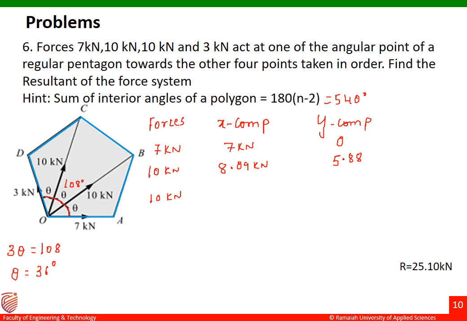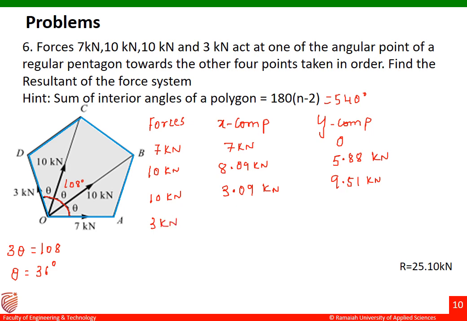Cos 72 degrees into 10 gives the x component, 3.09 kilonewton. This is also acting in the first quadrant, that's why both x and y components will be positive. Similarly, y component is 10 into sine 72, and we'll get the answer as 9.51 kilonewton.